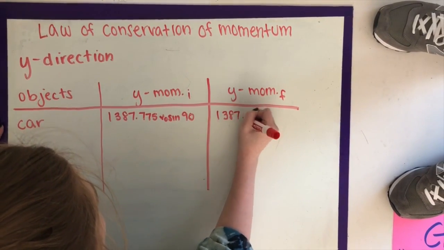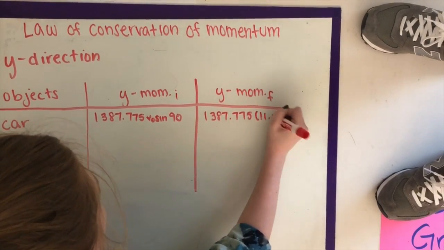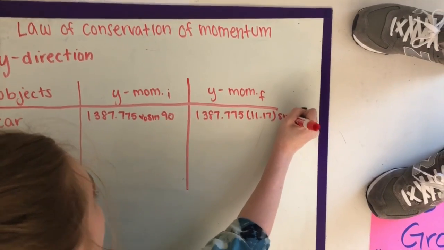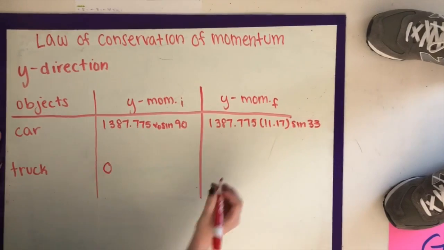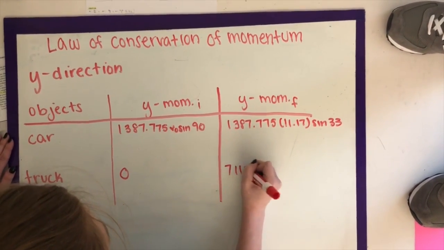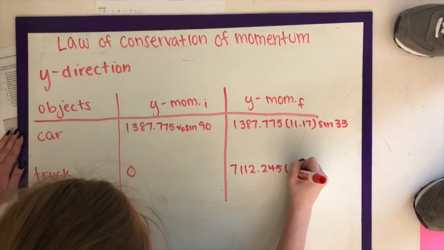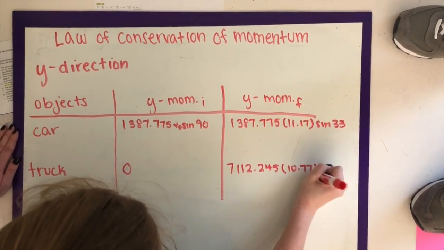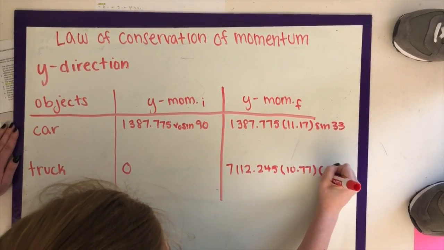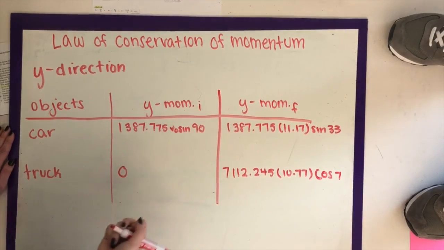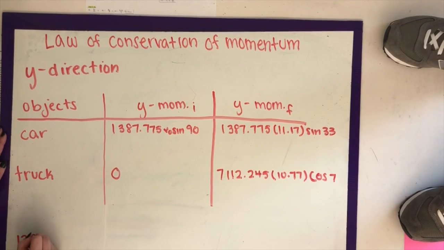We have two objects, the car and the truck. 1,387.775 v naught sine 90. Now we know that the truck does not have a y momentum component for the initial velocity, so we will put a 0.